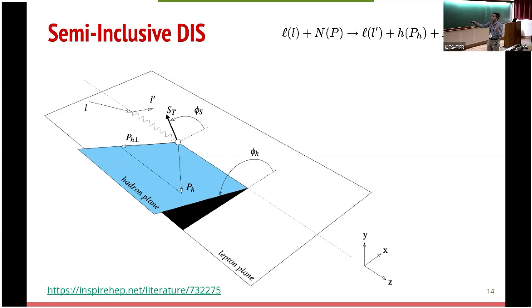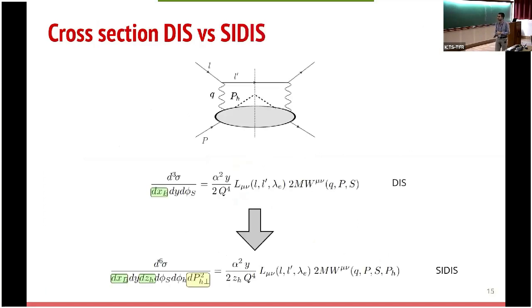With semi-inclusive, you mean a DIS process where you measure something on top of the lepton. So you can have 1 particle inclusive DIS, where you measure 1 hadron, 2 particle inclusive DIS, where you measure 2 hadrons, and so on and so forth. But generally speaking, we refer to this process as semi-inclusive DIS.